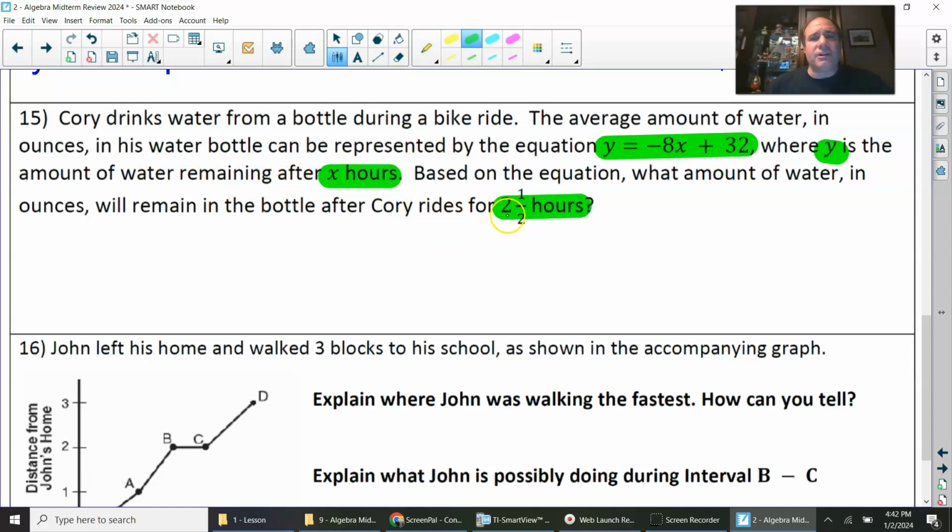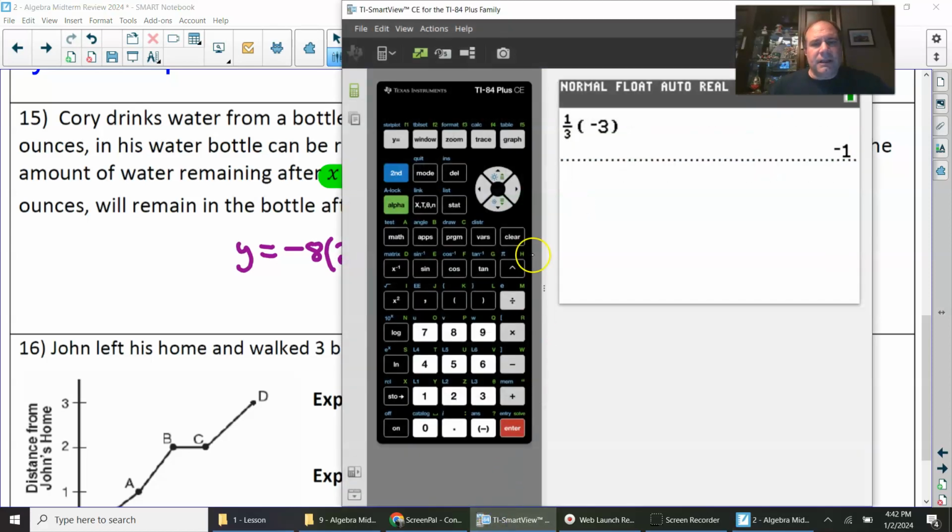And then they want, based on this equation, what amount of water in ounces will remain in the bottle after Corey rides 2.5 hours. So all you have to do is rewrite the equation and realize that the time, that's the x. So I'm going to put 2.5 in for x, substitute that in. And I'm going to bring up the calculator. And I am going to put -8 times 2.5.